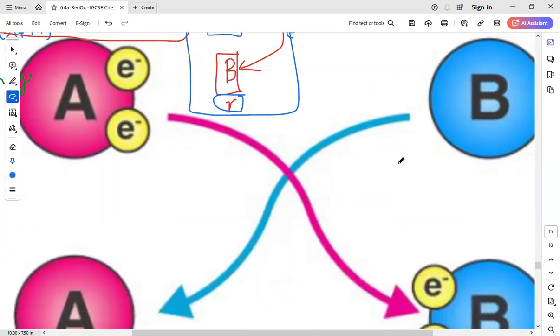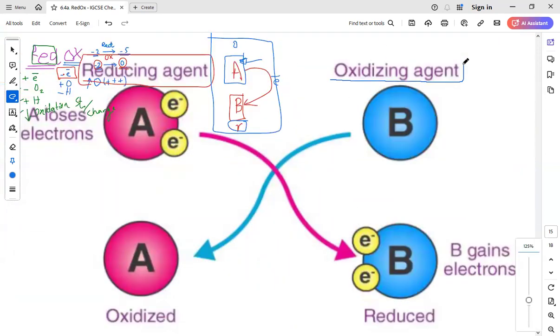So oxidizing agents themselves are reduced during the chemical reaction because they took away those electrons from another element. But reducing agents are oxidized during the chemical reaction. And that's the concept of reducing agents and oxidizing agents.